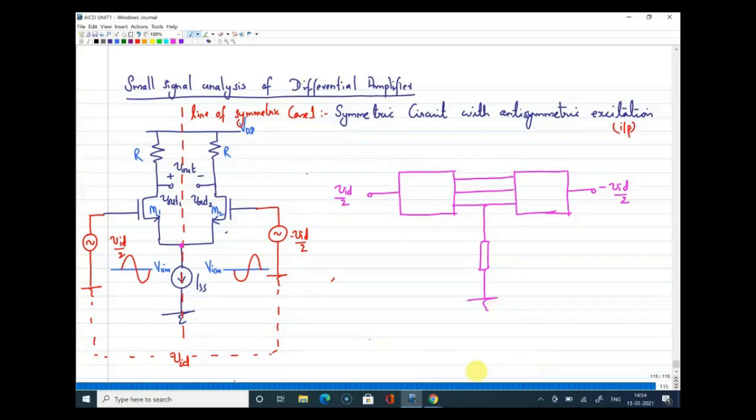I have assumed that the circuit is symmetric and the circuit in total is linear. Whatever is inside will have different nodes, say 1 to n. This also will have n nodes inside. Both the blocks are linear and symmetric. Is this clear? Can I get some quick response? Yes or no?